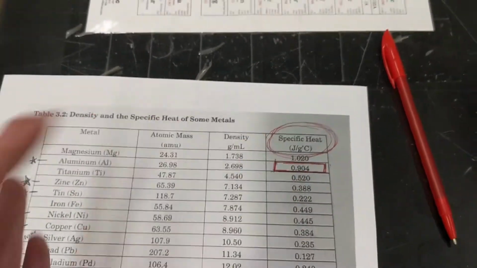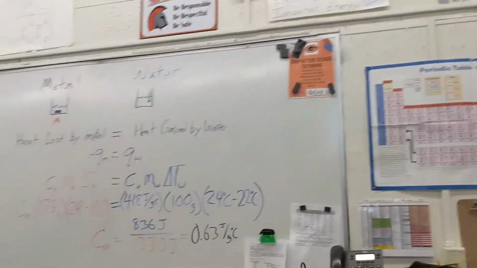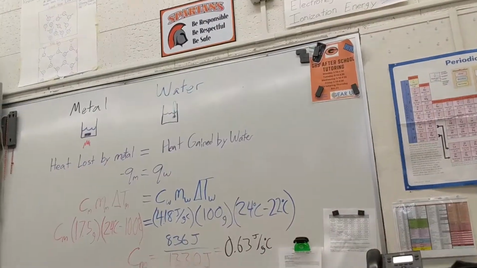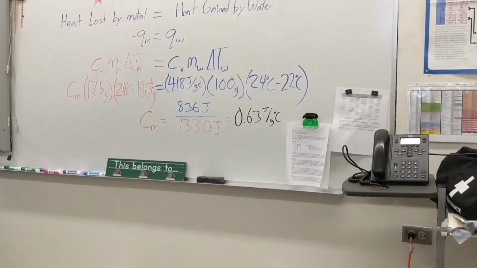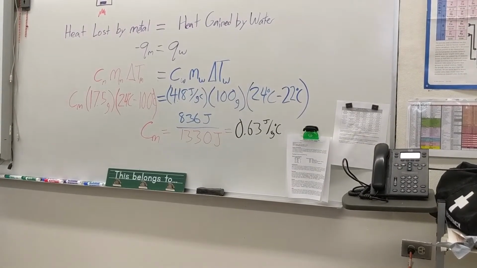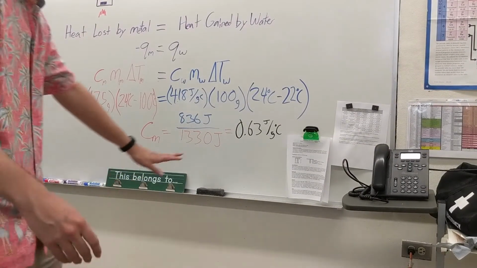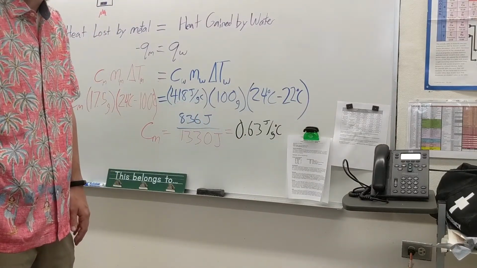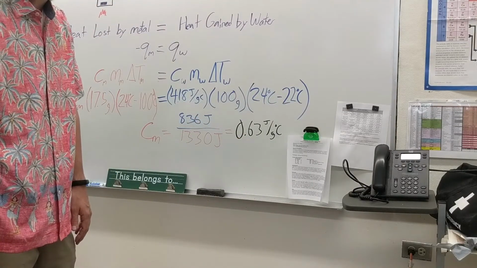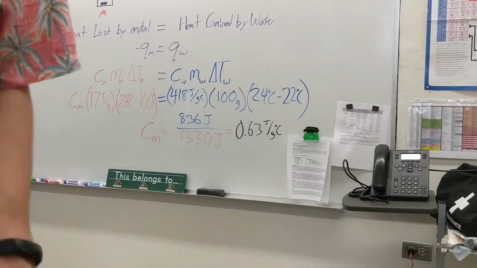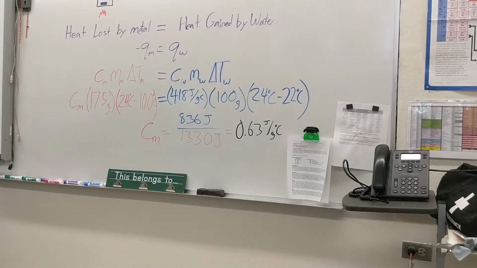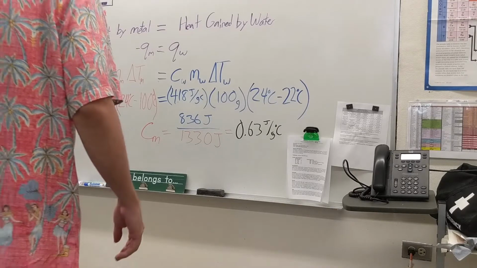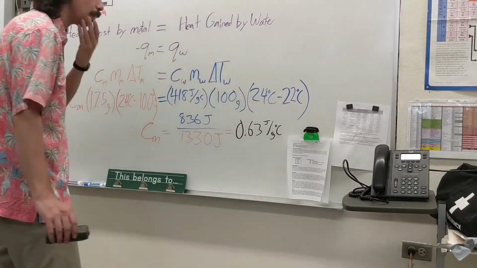So we are pretty far off, but that's to be expected because we're just using a styrofoam cup. We got about 0.27 off. So not too bad, but probably not good enough to help us identify any unknown metals.